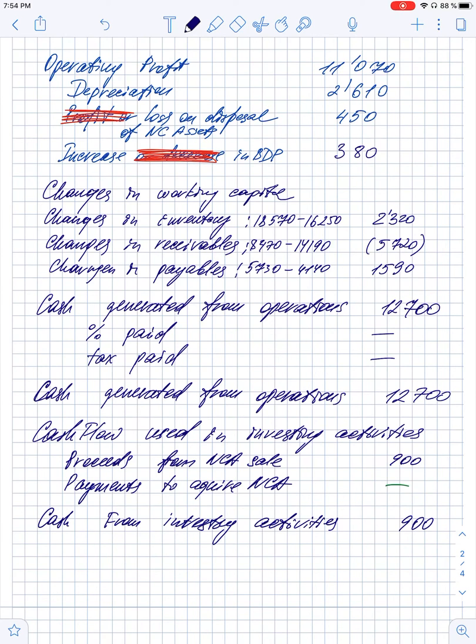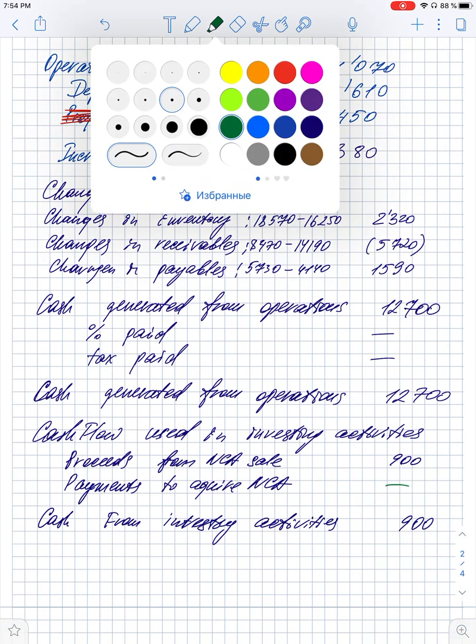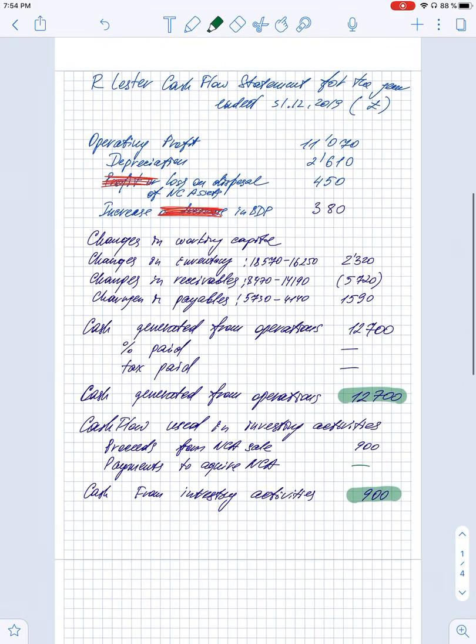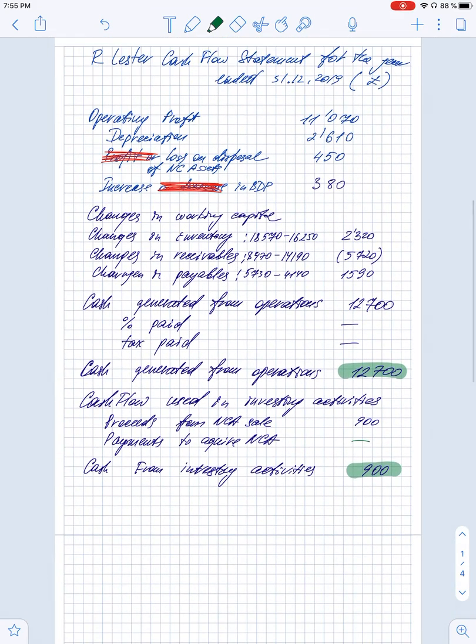$900 positive. So we have cash from operating activities, cash from investing activities, and the last section of the cash flow statement is called cash from financing activity.